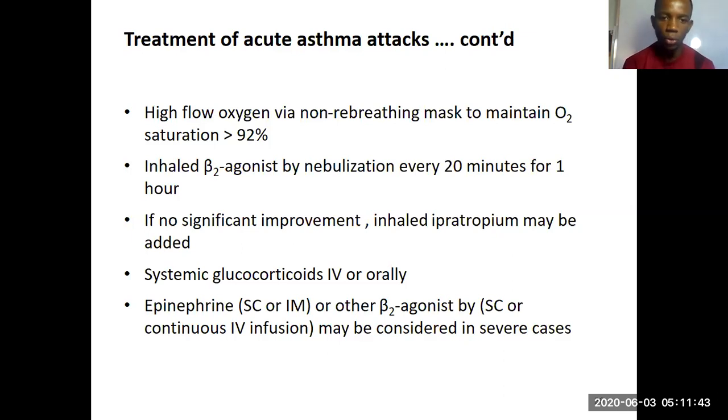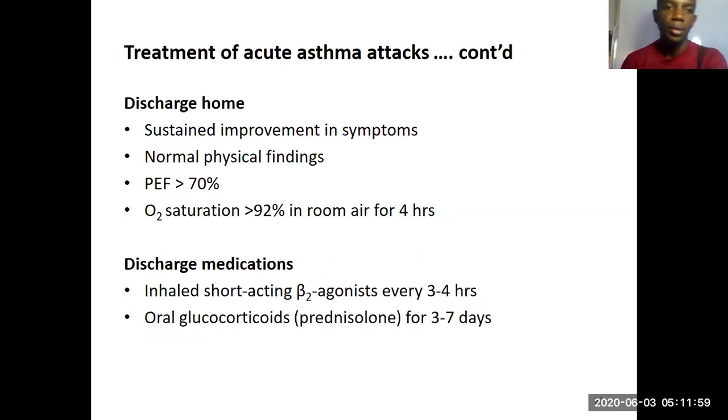Then systemic glucocorticoids, IV or orally. Afterwards, epinephrine or other beta-2 agonists by intravenous or subcutaneous route may be considered in severe cases. Then, when are we going to discharge this patient for home?